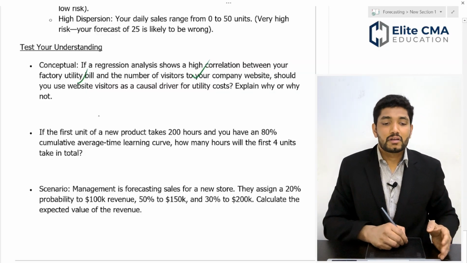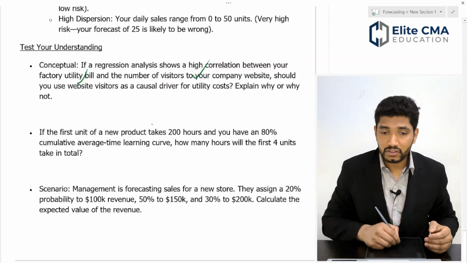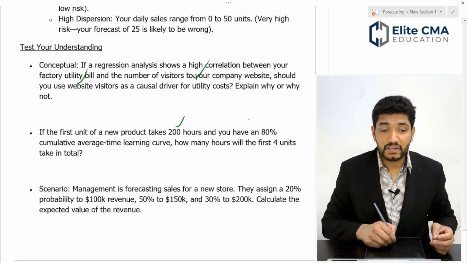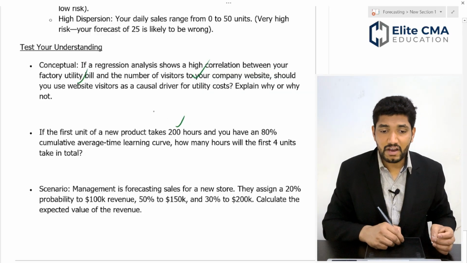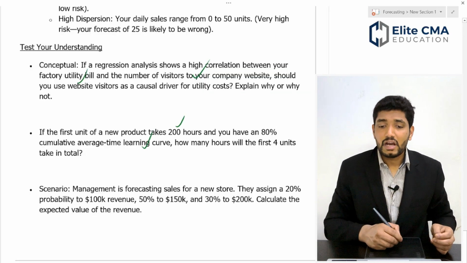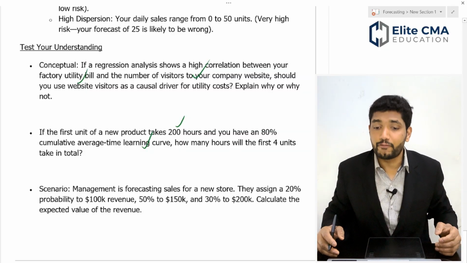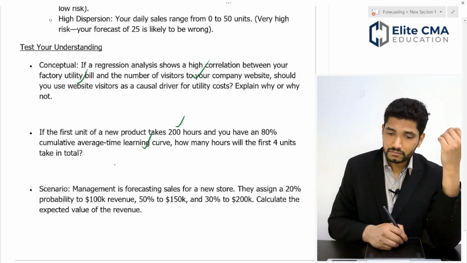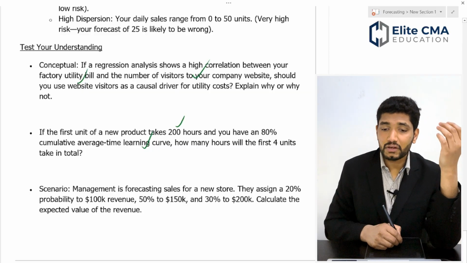Second scenario. If the first unit of a new product took 200 hours and you have an 80% cumulative average learning curve, how many hours will the first 4 units take in total? How to calculate this? First you have to calculate your n.